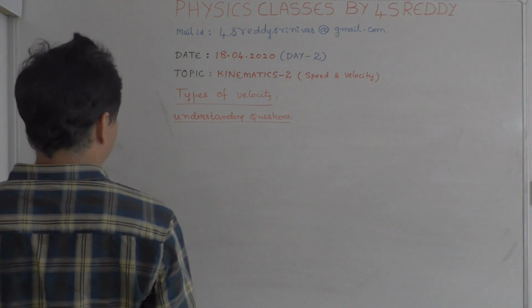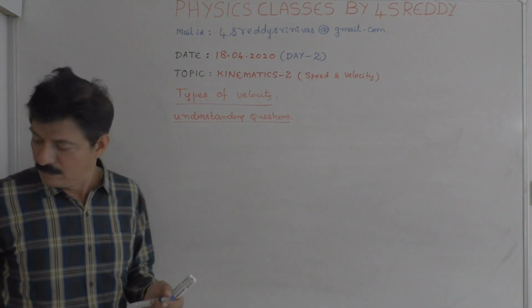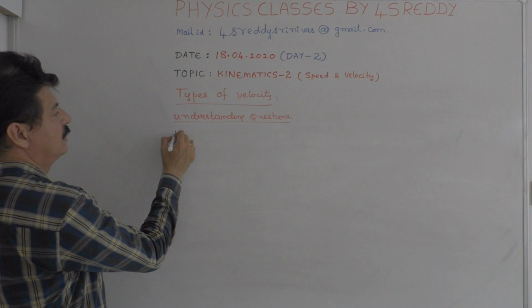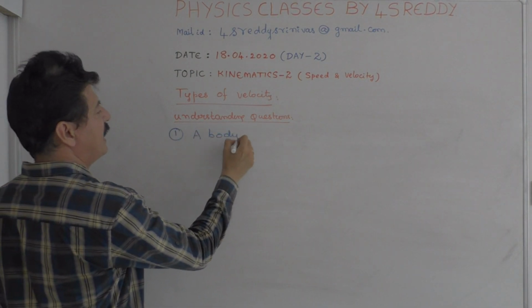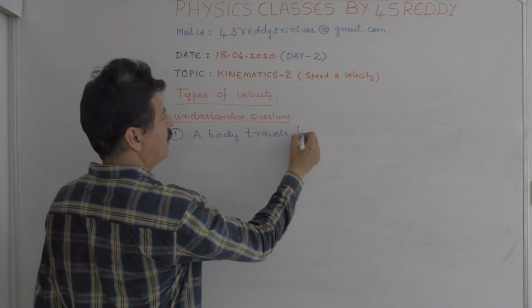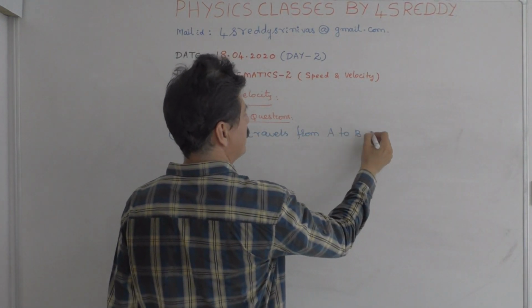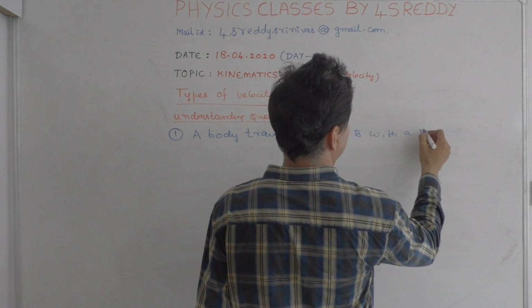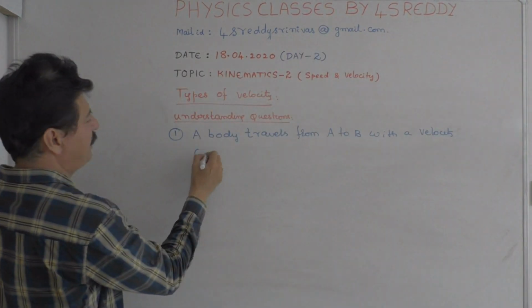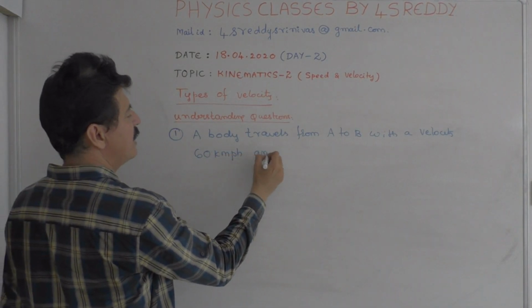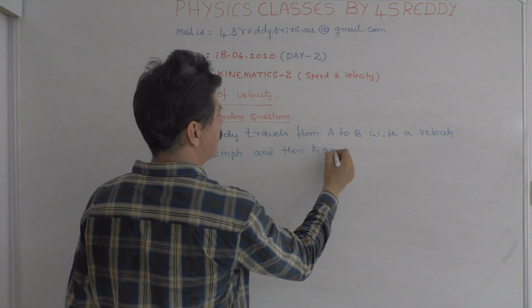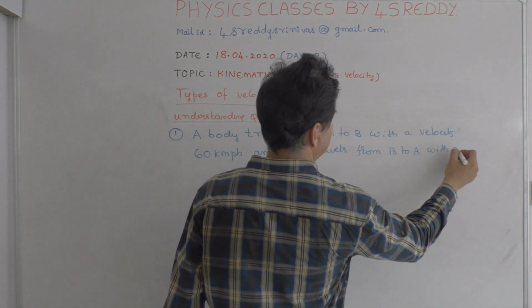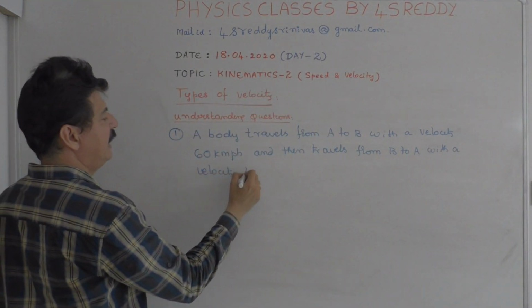In that, you may be asked: a body travels from A to B with a velocity of 60 kmph, and then travels from B to A with a velocity of 40 kmph.